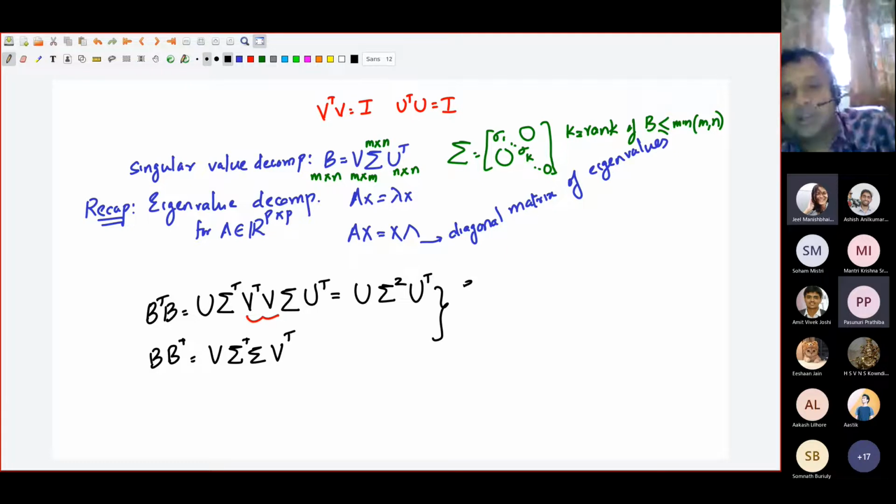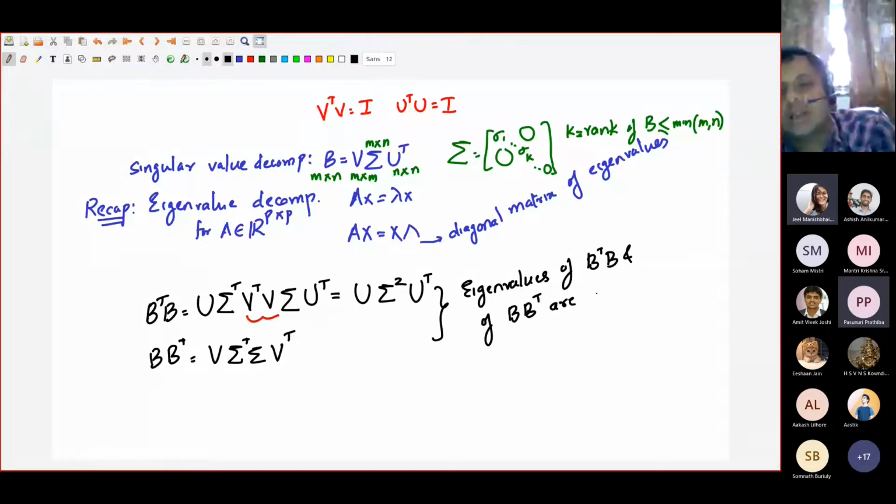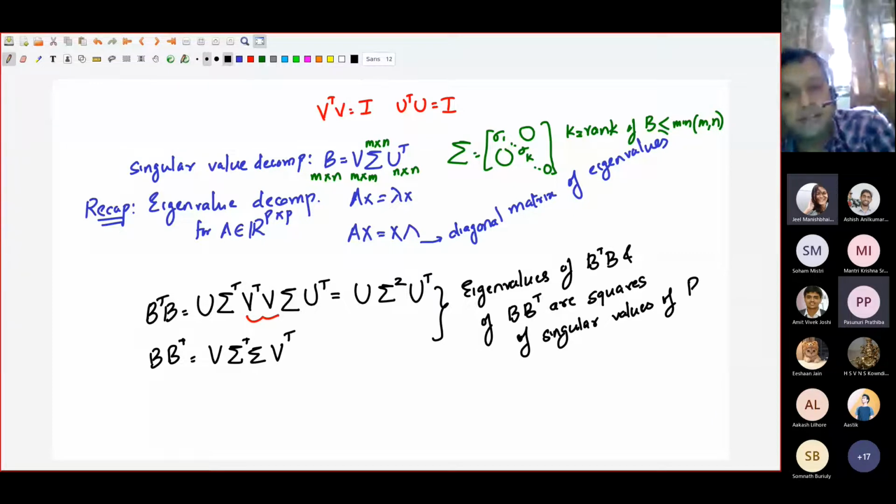So the summary is the eigenvalues of B transpose B and of B B transpose are squares of the singular values of the original matrix B. Think of this B transpose B as a covariance matrix.